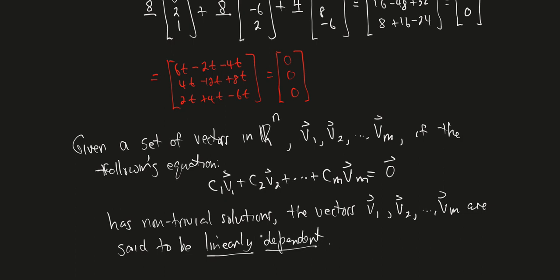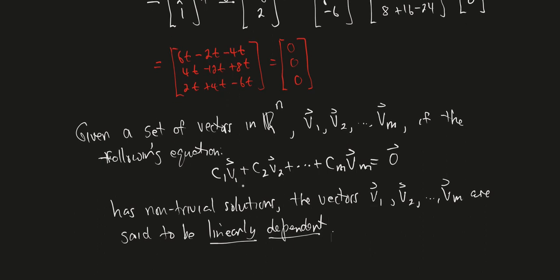Right? If we went through our process and if we didn't end up with a free variable, and if the only solution to this vector equation is the trivial solution, then the vectors are said to be linearly independent.